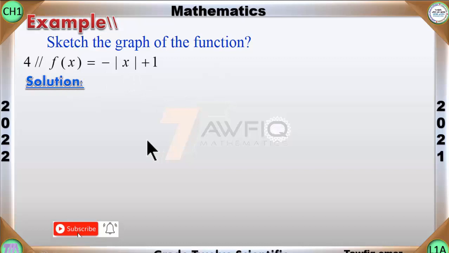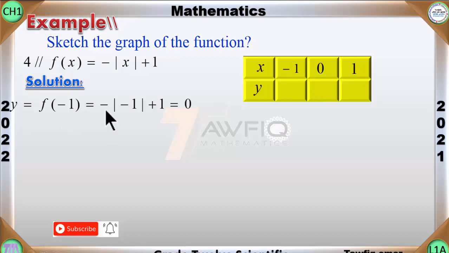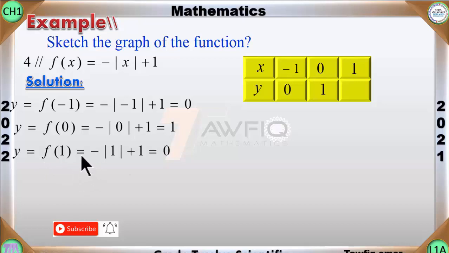Solution: first of all, because we have x inside the absolute value, we must take 0 in the middle, a number less than 0, minus 1, and another value bigger than 0, and find y. y equals f of -1, which equals minus the absolute value of -1 plus 1 equals 0, and y equals f of 0 equals minus the absolute value of 0 plus 1 equals 1, y equals f of 1 equals minus the absolute value of 1 plus 1 equals 0.